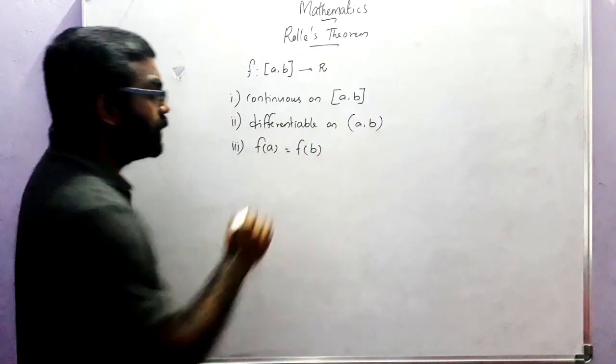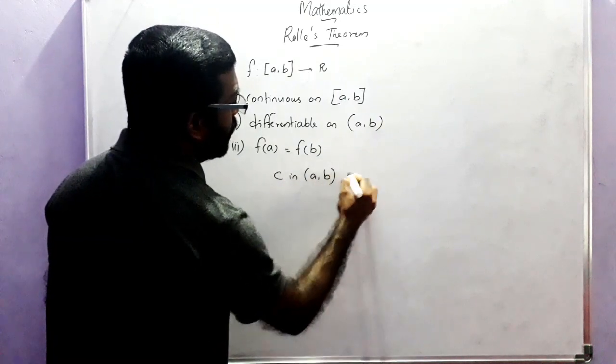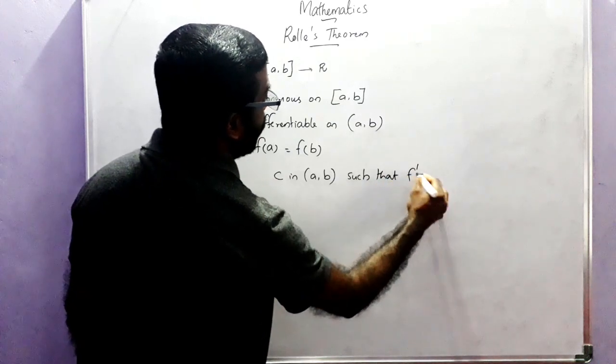Then there exists some real number c in open interval (a, b) such that f dash of c is equal to 0.